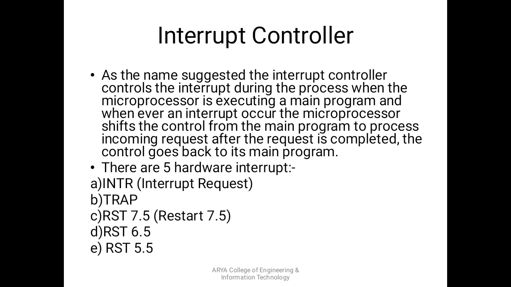There are basically 5 types of interrupt: INTR interrupt request, trap, RST 7.5 which is known as restart interrupt, RST 6.5, RST 5.5. The highest priority among these is trap. Basically, it is a non-maskable interrupt, whereas RST 7.5, 6.5 and 5.5 are maskable interrupts. There is one more signal known as interrupt acknowledgement. It is not basically an interrupt, it acknowledges the interrupt request.